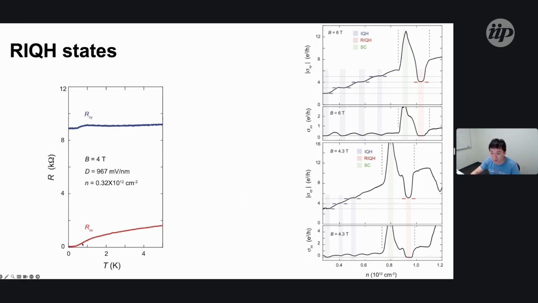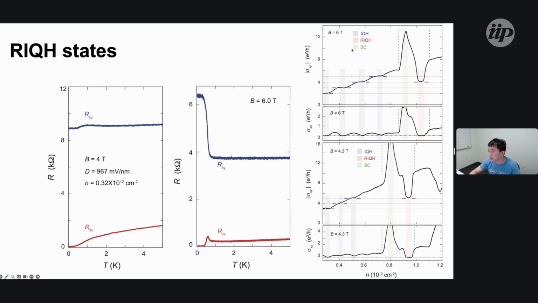The longitudinal resistance shows some kind of gradual onset that's essentially activated behavior, whereas the Hall resistance almost doesn't change, which makes sense because it's reflecting the underlying free charge carriers, which don't change as a function of temperature. But if you were to look at the temperature dependence here, right, there's a very sharp onset in the Hall resistance.